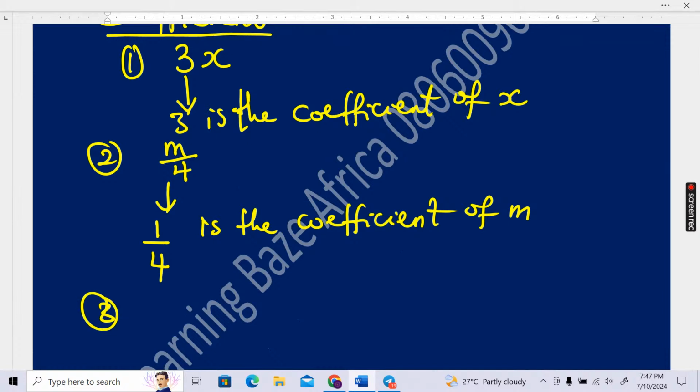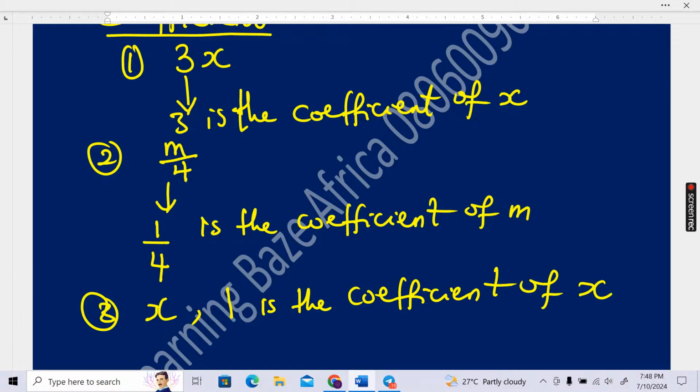All right. Now, in x, having x standing on its own, 1 is the coefficient of x. What is multiplying the letter x? You are not seeing any number there.